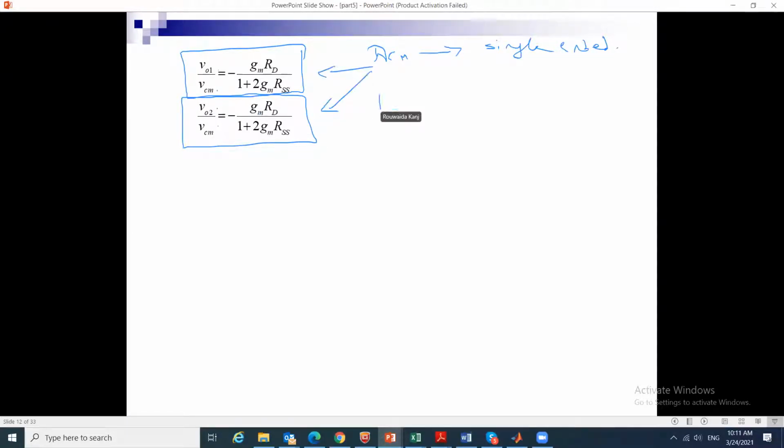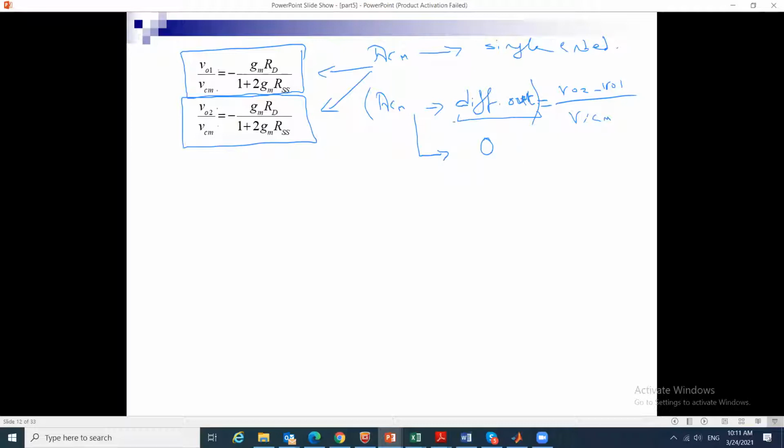For the differential output, I'm not looking at the differential gain. I want to find VO2 minus VO1 over VICM. In this scenario, this ACM will be equal to 0. They are the same. So this ACM will be equal to 0.